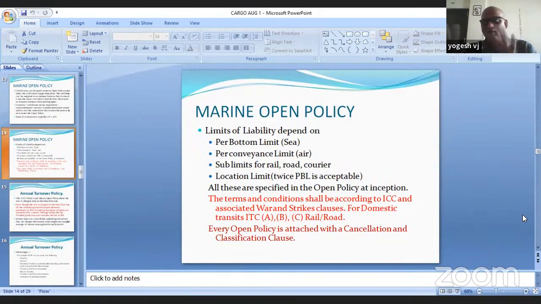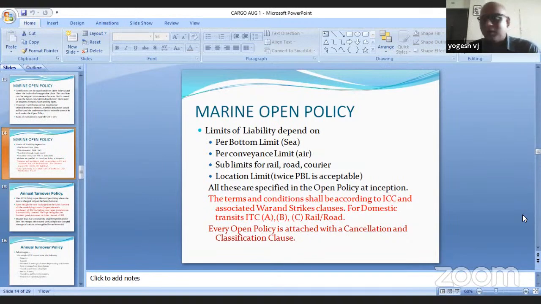So when we issue a particular open cover certificate in which the sum insured is 50 crores, and when we calculate premium and approve the proposal, we get a pop-up that this requires head office approval. Right? This should be sent to head office. The reason behind that is it requires facultative reinsurance. So per bottom limit plays a very important role as far as reinsurance and our retention limits are concerned.